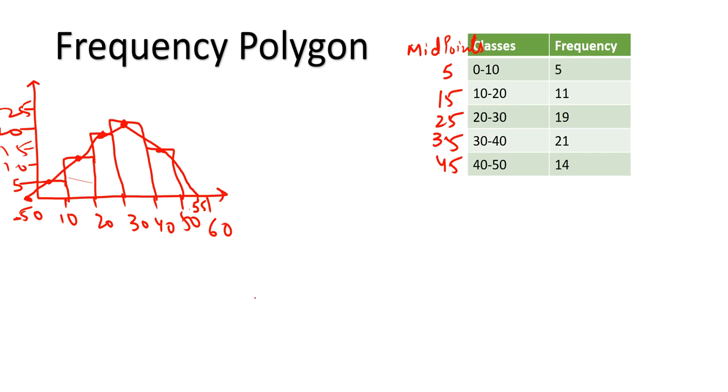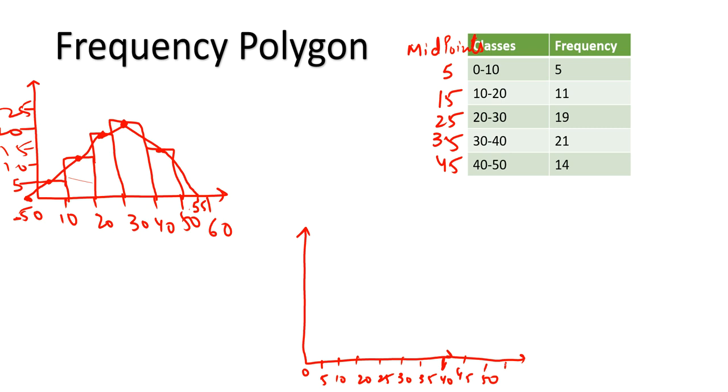Now we'll make a simple graph like this, where on our x-axis we'll plot these points: 0, 5, 10, 20, 25, 30, 35, 40, 45, 50, 55. And here we'll plot our frequencies again: 5, 10, 15, 20, 25.